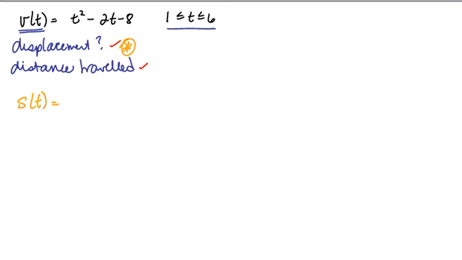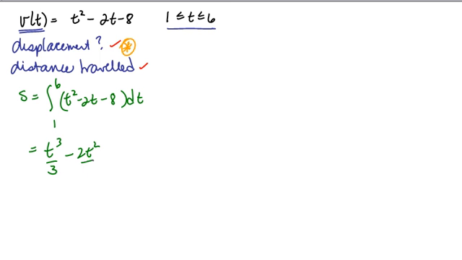So displacement is the antiderivative, and it's a definite integral because we know the lower time limit and the upper time limit of this function over the course dt. I know how to integrate this. I think you guys are probably very good at integrating polynomials at this point.